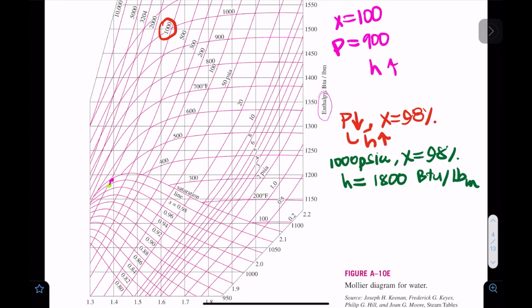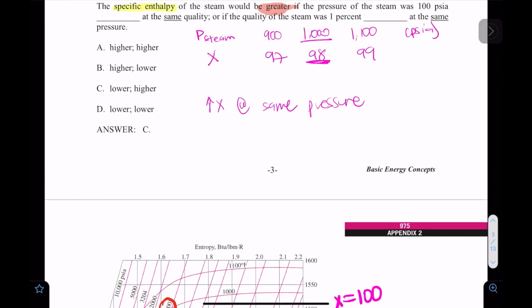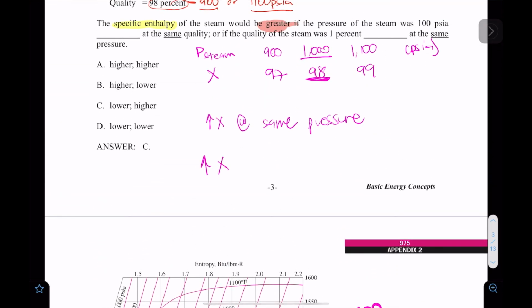The other option is decreasing my pressure. If I decrease my pressure and increase my quality, that can also allow me to have a higher enthalpy. I will be in the highest part here. So one of the options will be to increase the quality and decrease the pressure, right? Let's see if we have that.